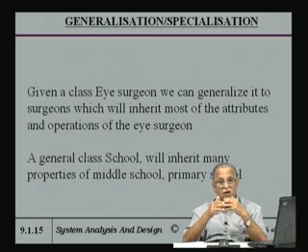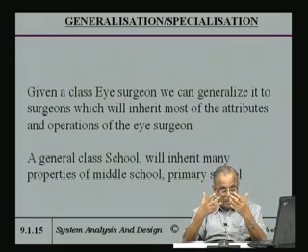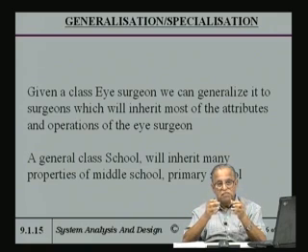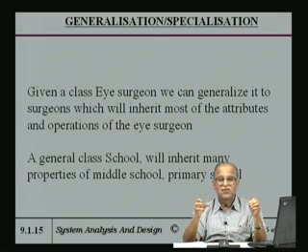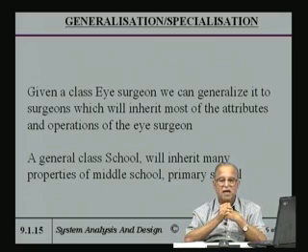So instead of having separate classes for all types of surgeons, you can look at the surgeon class, and so the generalization is that you go from small to big, and from big you get to several small subclasses. So you get to the class surgeon and then make it a specialized set depending upon different types of surgeons.